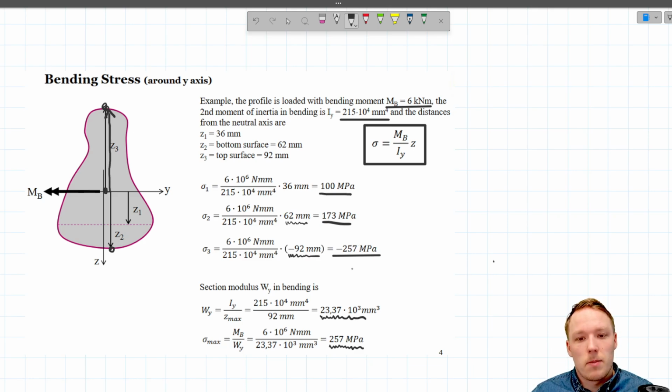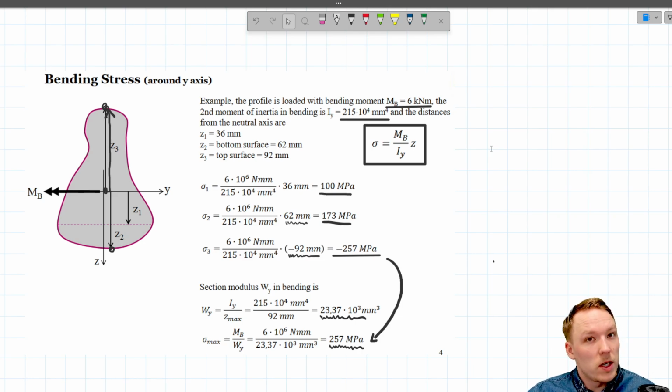So if, for example, in this example, instead of getting negative 257, we got only 257, and now we would have to know that the top surface of this profile is in compression. Well, this is how we calculate the stress.